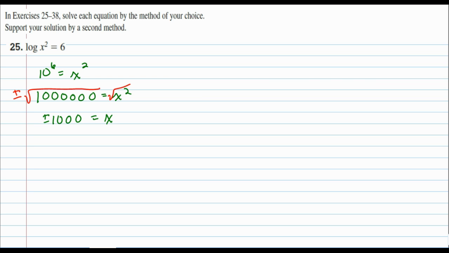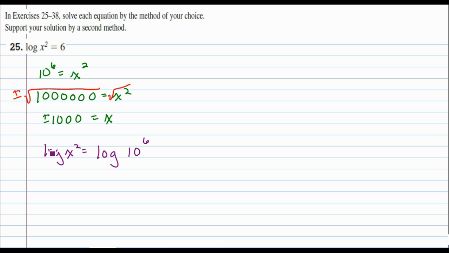I'm also going to use the one-to-one property. So if I have a log on the left side, it'd be nice if I had a log on the right side. So I'm going to leave the left side as log of x squared, but on the right side I'm going to do this as log, again, base 10, because the left side was base 10. Then I'm going to make 6 an exponent with also a base 10. So that would have simplified to the 6 on the right hand side.